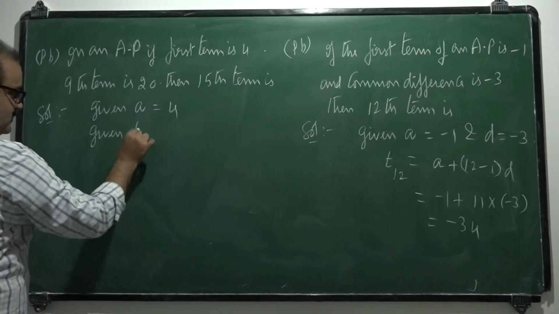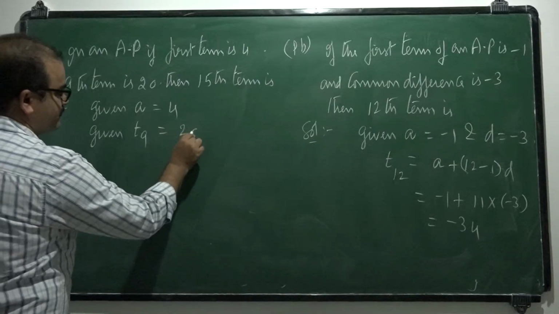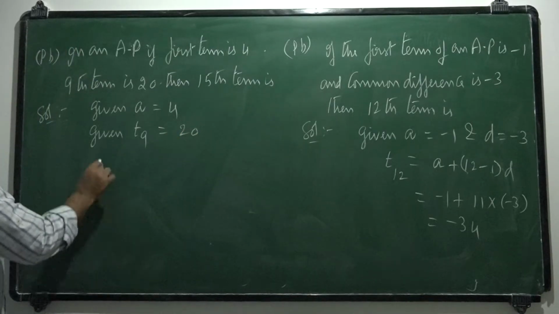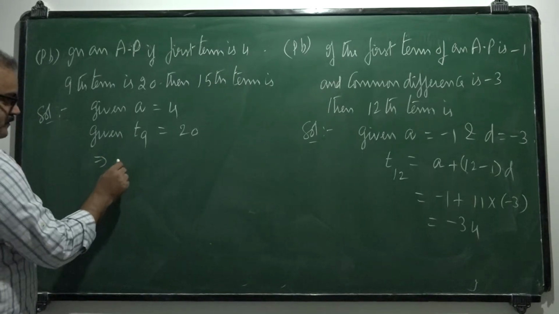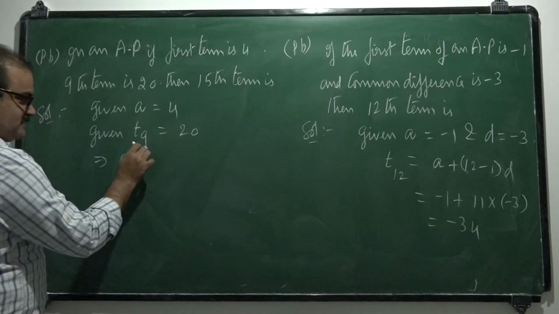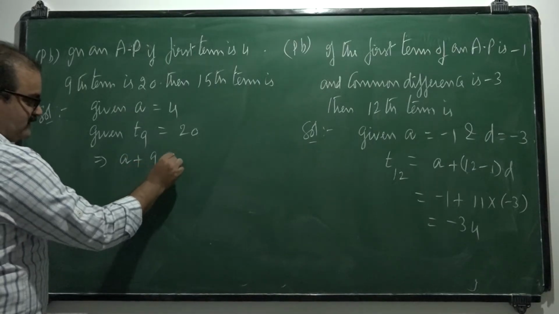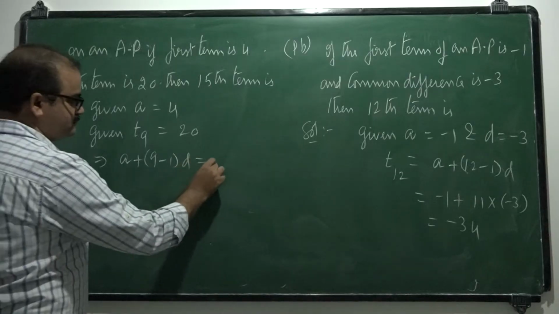Ninth term is T9. T9 is 20. What is the formula to find the nth term? A plus n minus 1 into D. n is 9. 9 minus 1 into D. D is not given. That is 20.